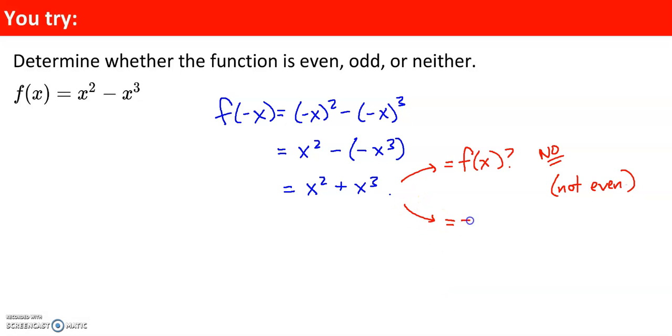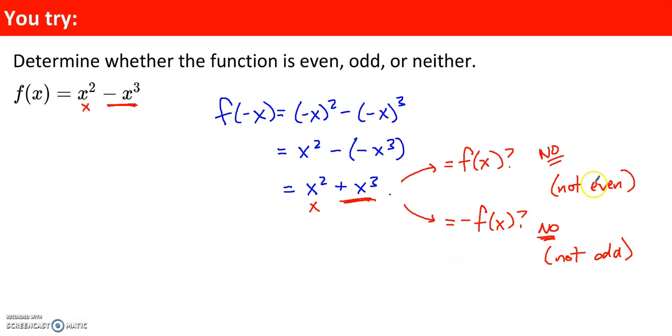Is it equal to the exact opposite of f of x? No. This term is the opposite of the original, x cubed and negative x cubed, but the x squareds are the same. So the answer to that question is also no, which means the function is not odd either.